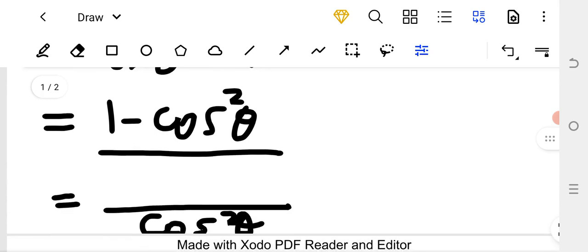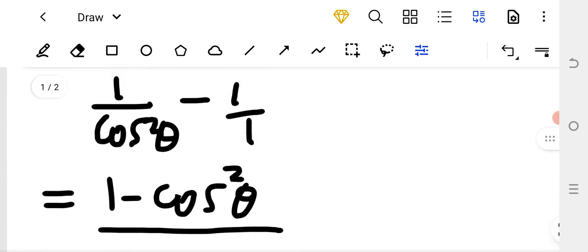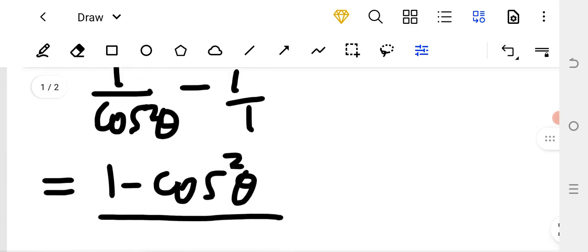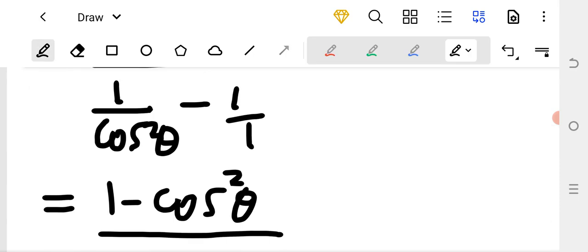Cos theta squared can go into cos theta squared how many times? 1 time. Then 1 multiplied by 1. Take note, we're focusing on this part only.